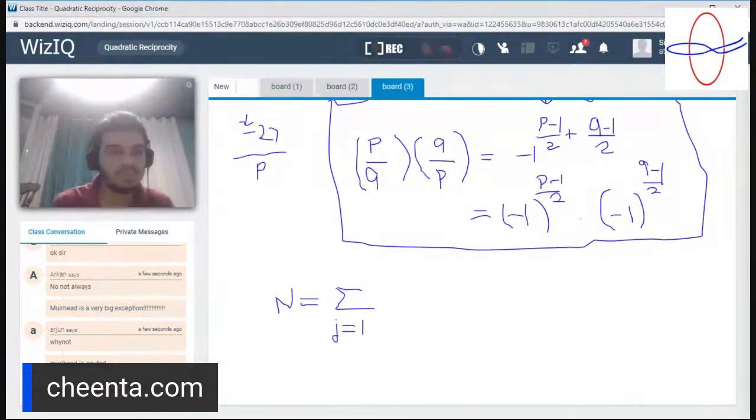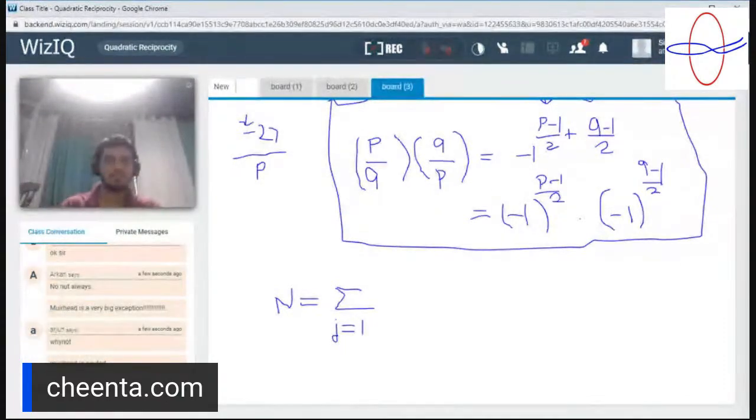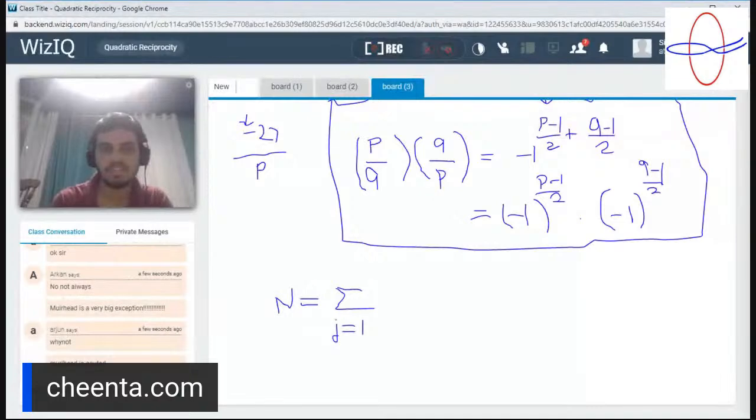I don't really know off the top of my head. So yeah, I'll come back to you about this in the next class. But I'm pretty sure that Gauss's lemma being as famous as it is, as long as you mention that it is in the context of the Legendre symbol, it should be fine.